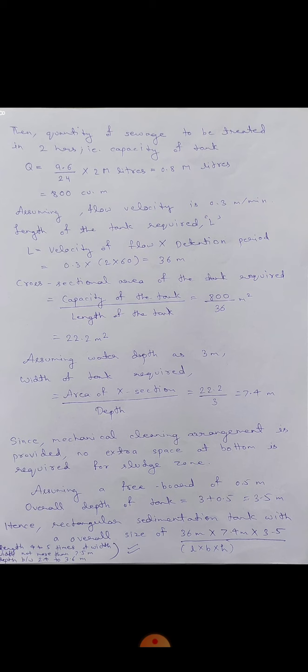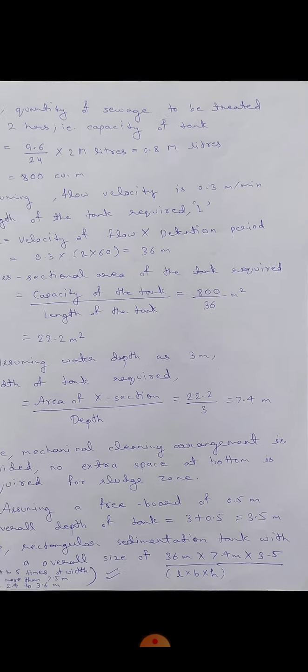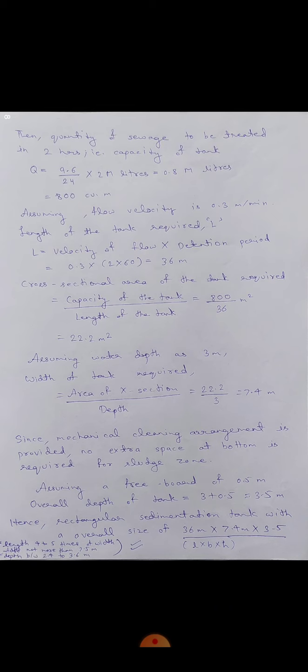Now again we have to calculate the cross sectional area of the tank required. You can calculate it as capacity of the tank upon length of the tank. So the capacity we have calculated is 800 cubic meters and the length is 36 meters. So it will come as 22.2 square meters. Okay, this is the cross sectional area of the tank required, that is 22.2 square meters.